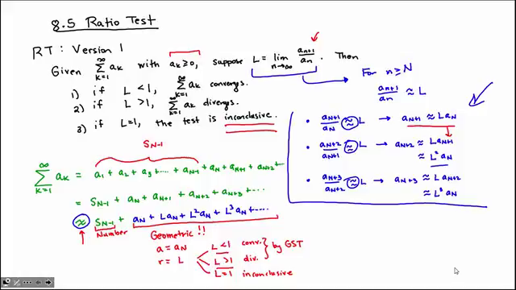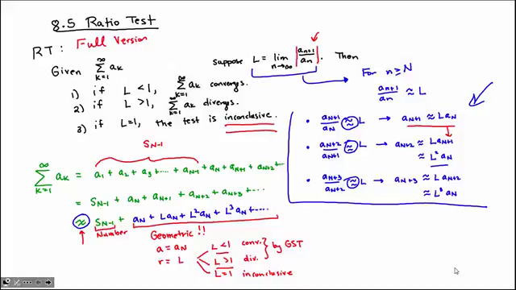Before we move on to doing an example of using the ratio test to determine convergence or divergence, I do want to mention that we can actually get a nicer version of the test. So here's our full version of the ratio test. We're going to eliminate the requirement that our terms are positive, and we're going to add some absolute values to our ratios.